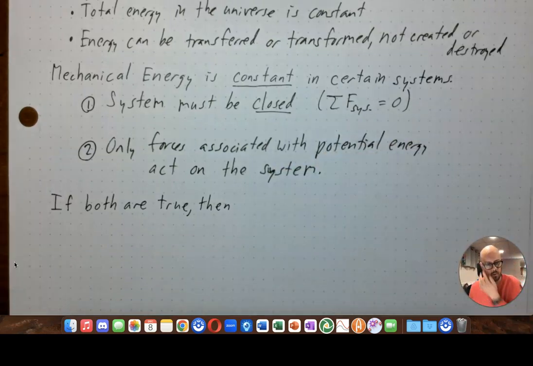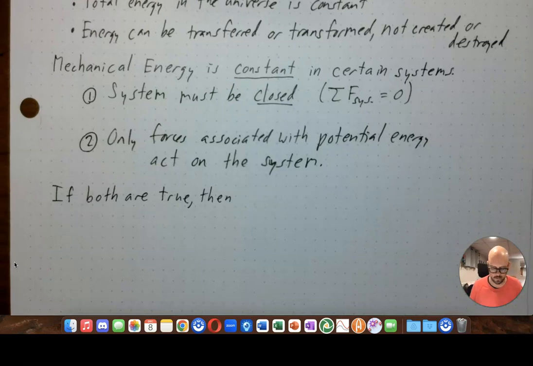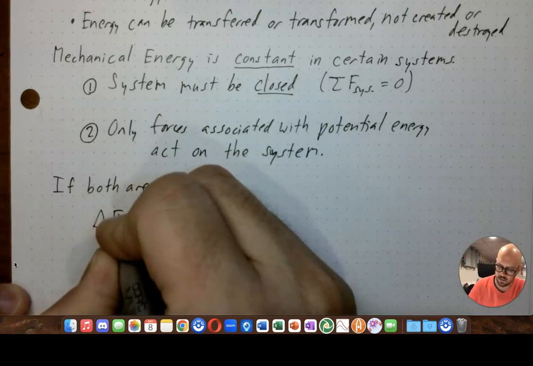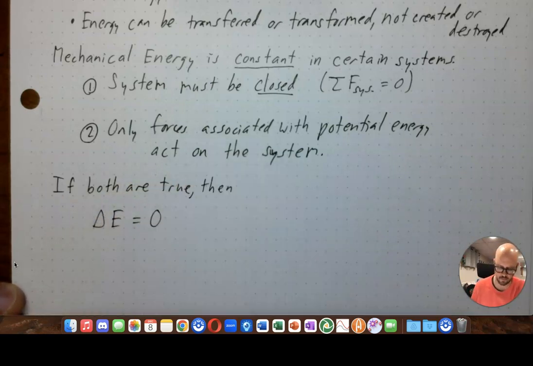To say that another way, mechanical energy is constant only if the forces that are acting are capable of storing energy, because that's the key to conservation of energy, is that energy is moved between kinetic, motion energy, and stored energy, or vice versa. If both of those are true, then we can go back to the very top and we can say that the change in mechanical energy is 0.